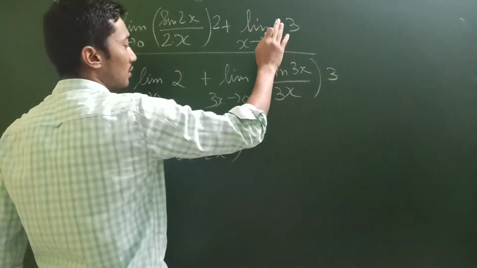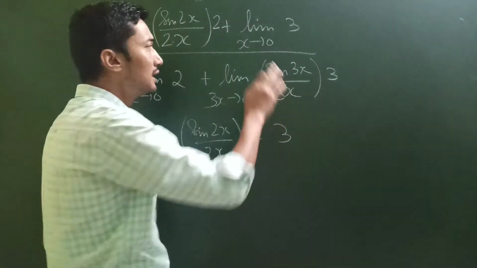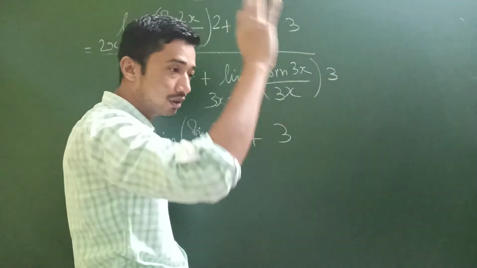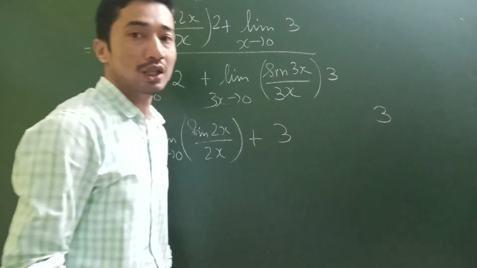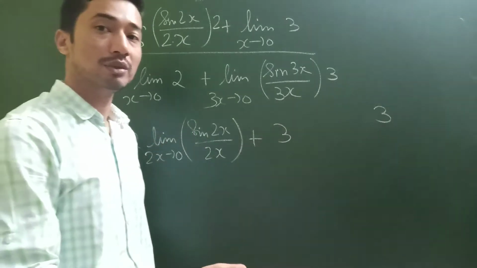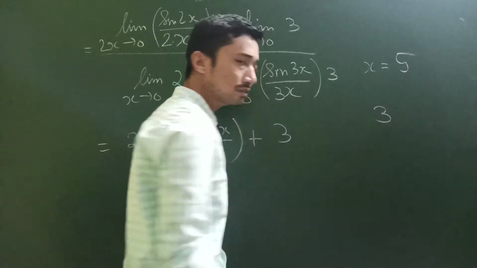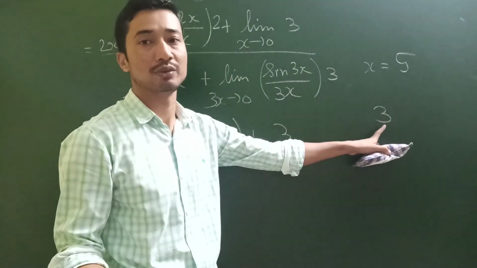Now, one of the previous problems was telling you, see, the limiting value of 3 as x tends to 0 will remain as 3, because no matter what happens, the value of x is not going to affect the value of 3. If I ask you what is the value of 3 if x is 5, 3 is a completely independent term with respect to x.